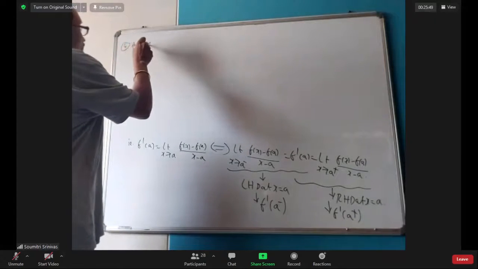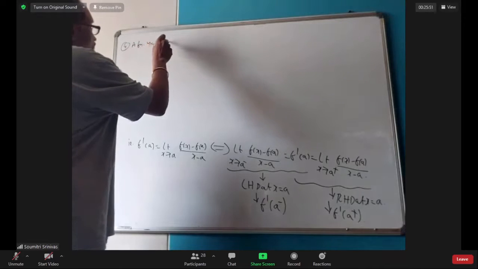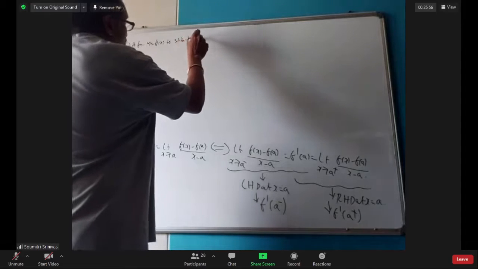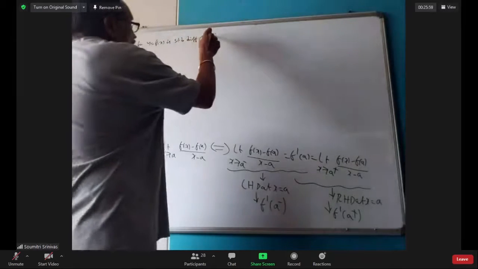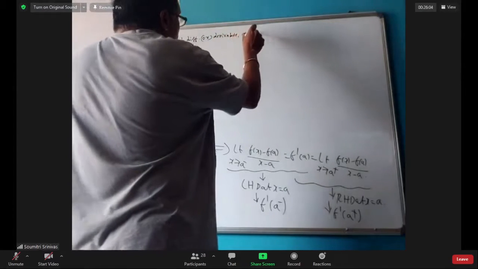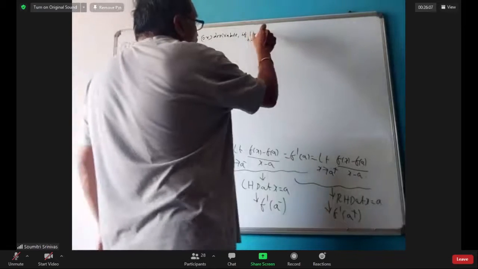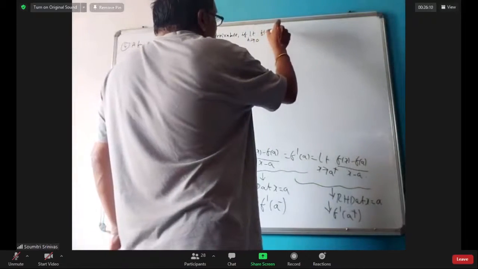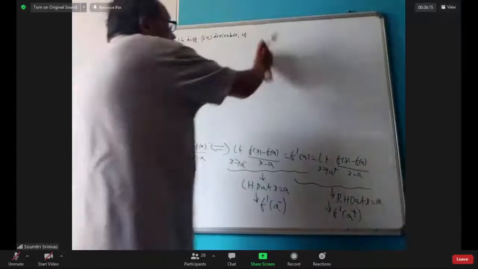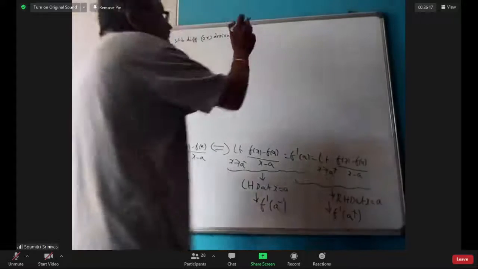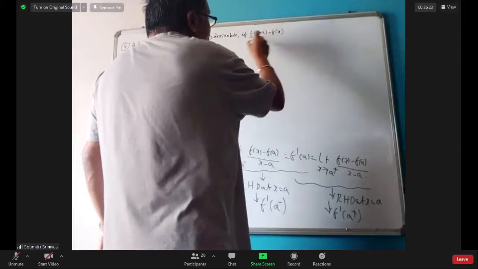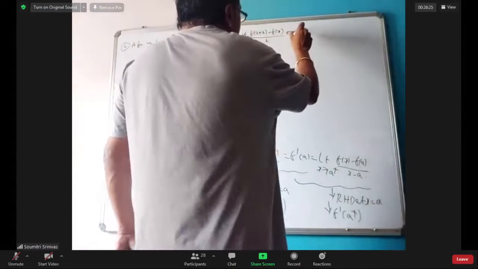A function y is equal to f of x is said to be differentiable or derivable if limit h goes to 0 f of x plus h minus f of x by h exists.